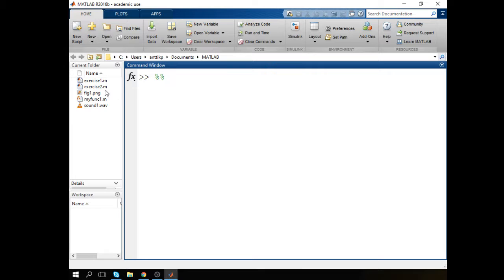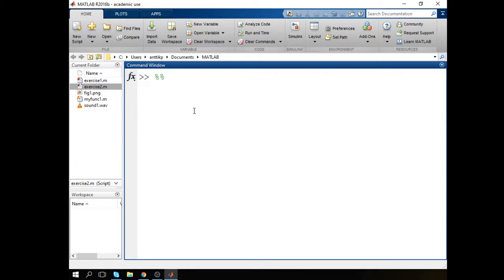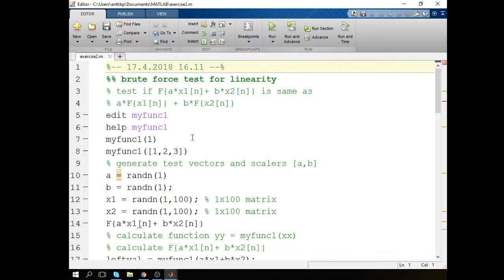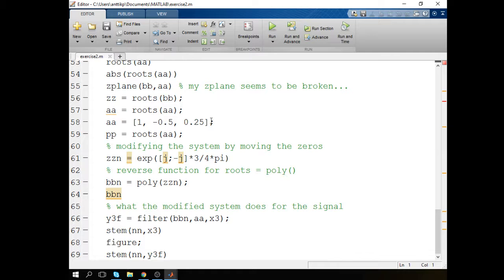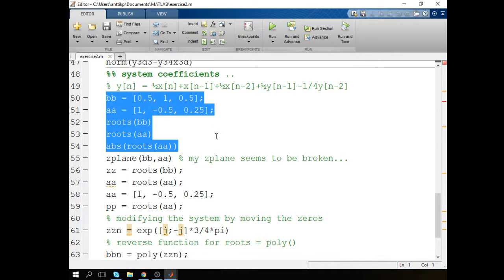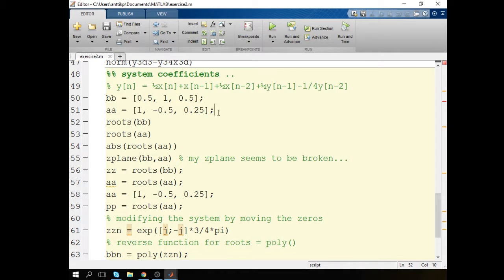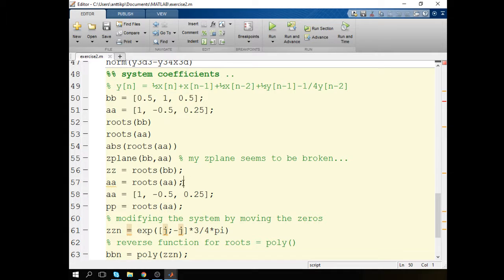Just a moment, I'll check what we did yesterday. There, brute force of linearity. Okay, functions. Wow, we have done a lot. Here I have a nice system. I can evaluate those roots.